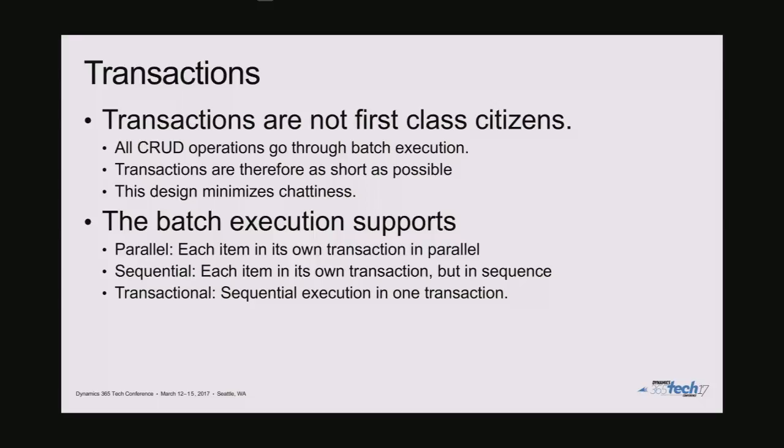We couldn't perpetuate this model into this new space that we're having. So we said, yeah, transactions, they're great, we need them, but they're not a first-class citizen in our world. You can't actually start and end a transaction on your own. What you can do is you can do everything in batch. Now, batch is not the same as it is in AX, of course.